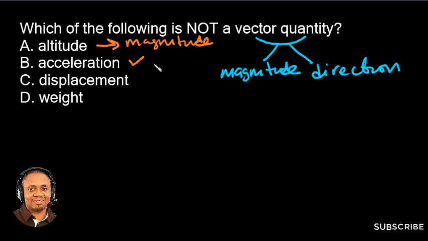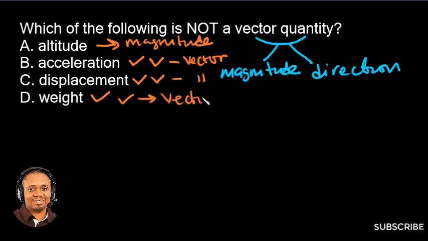Acceleration has both magnitude and direction, so it is a vector quantity. Displacement also has magnitude and direction, so it is also a vector quantity. Then the last option, weight. Weight also has magnitude and direction, so it's also a vector quantity.